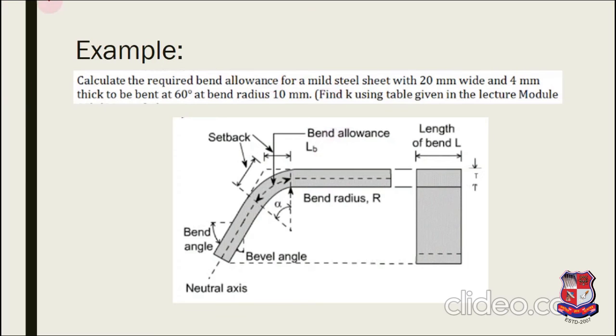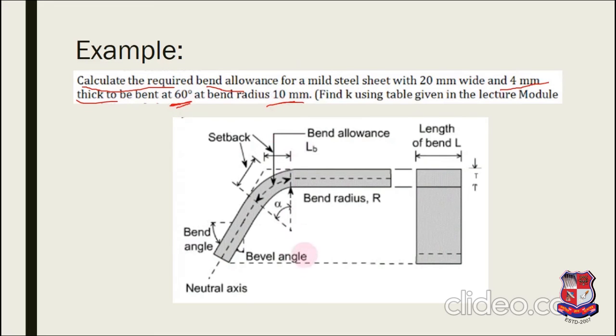What you are given is: calculate the required bend allowance for a mild steel sheet 20 mm wide and 4 mm thick, to be bent at 60 degrees at a bend radius of 10 mm, right? So you need to find the bending allowance. Now let us consider the figure here. You are given the thickness 4 mm, 60 degree angle and 10 mm radius.